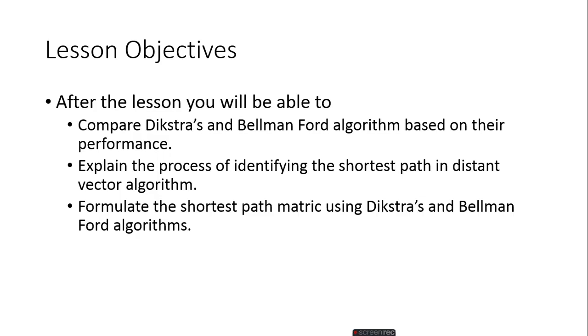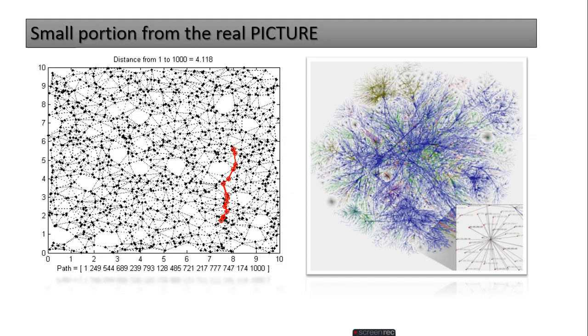After the lesson, you will be able to compare two algorithms known as Dijkstra's algorithm and Bellman-Ford, explain the process of identifying the shortest path in a distance vector algorithm, and formulate the shortest path metric using the Dijkstra and Bellman-Ford algorithms. If these words are a little bit foreign to you, don't worry, we will discuss these words in a bit.